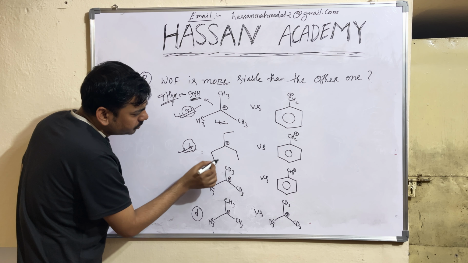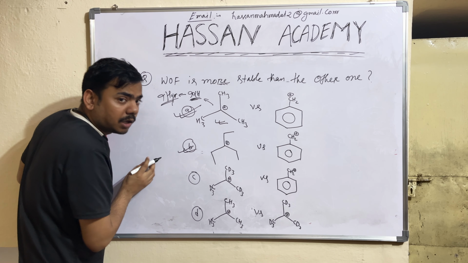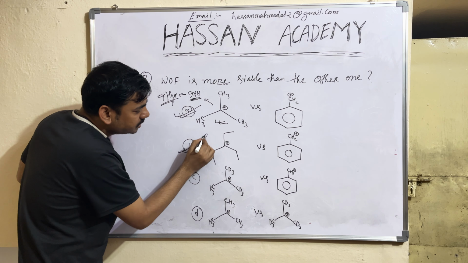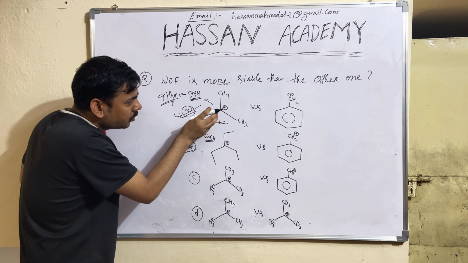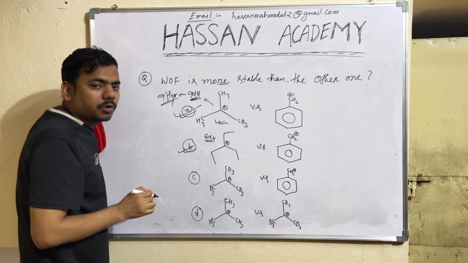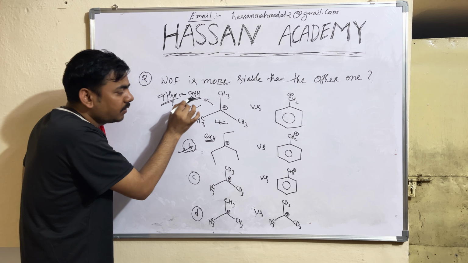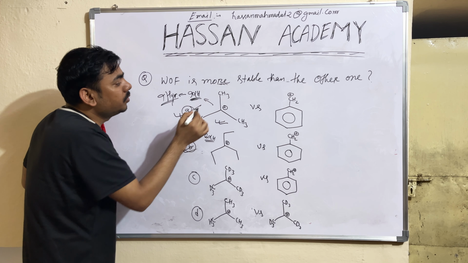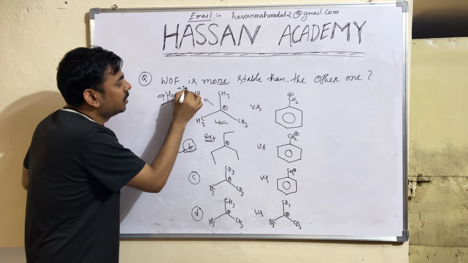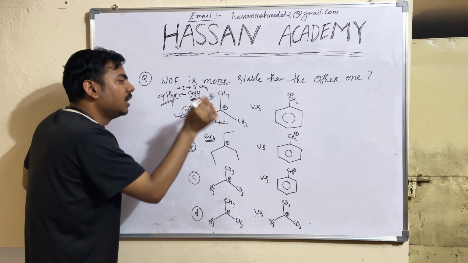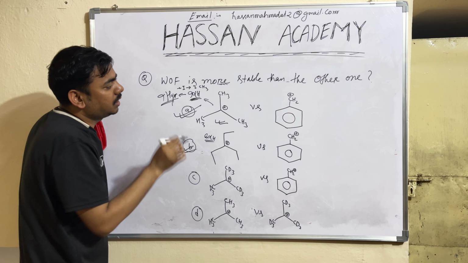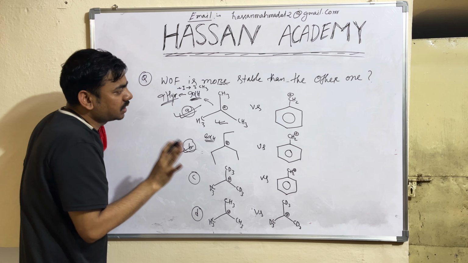Now go for option B. Here also it is a 3-degree carbocation, but how many alpha hydrogens? 6 alpha hydrogen. Here what was the contribution that made the carbocation more stable? 9 alpha hydrogen plus the plus I from 3 methyl groups, and 9 hyperconjugation structures are also possible.